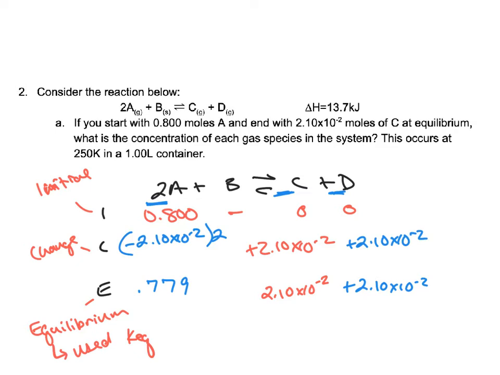So in this case, we have seen the concentration at the beginning for A and the change for C and D, which produces an equilibrium, and the change in A has to be proportional to the change for C and D. And so when that happens, you can calculate the concentration at equilibrium for each species.